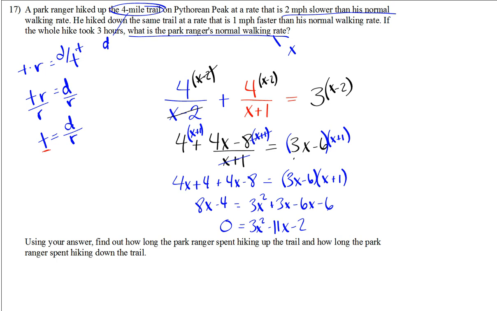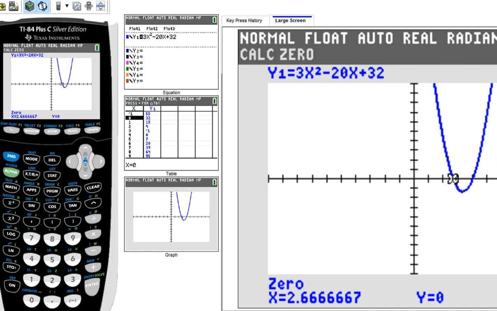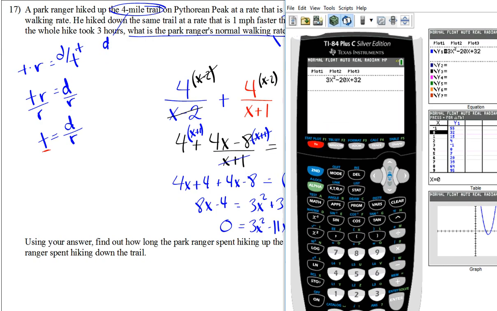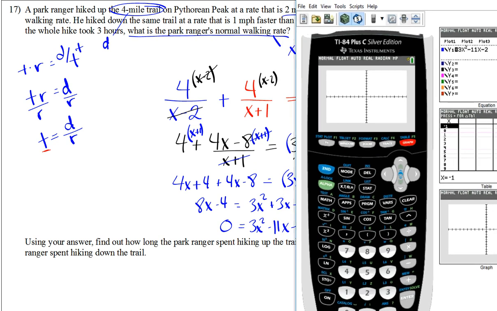So let me pull up my graphing calculator. A little too big there. Just move it over. Okay, so now I'm going to do 3x squared minus 11x minus 2 and graph that. So we see it crosses through in two places.